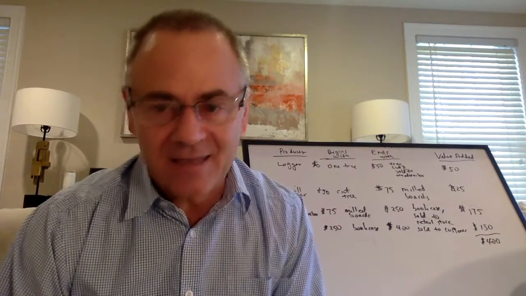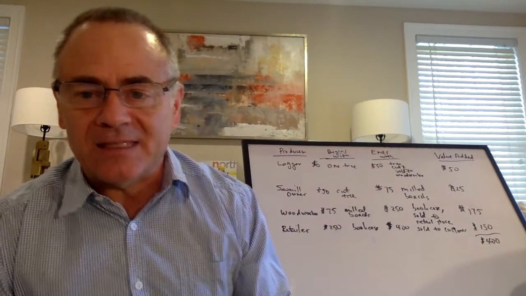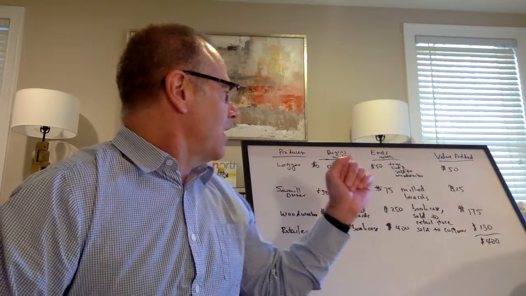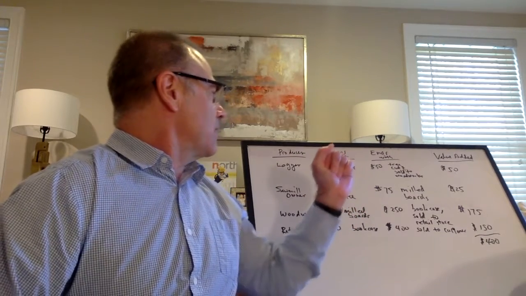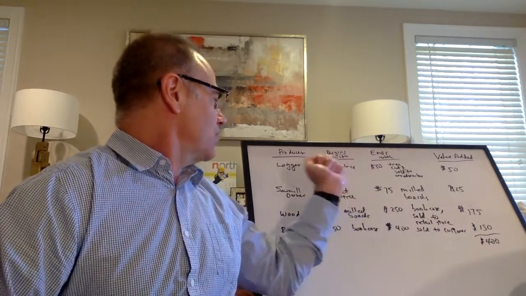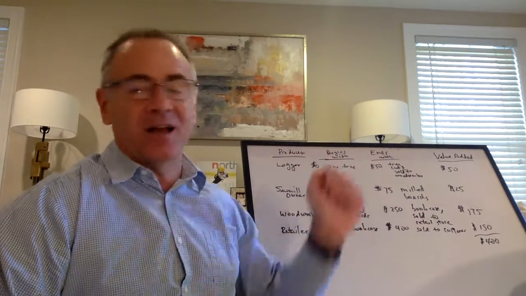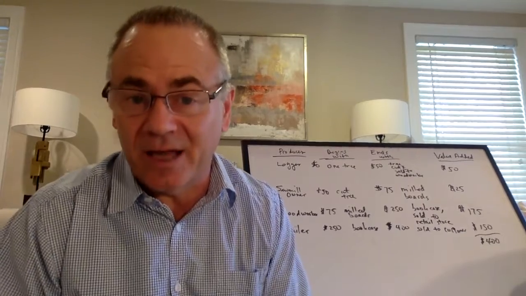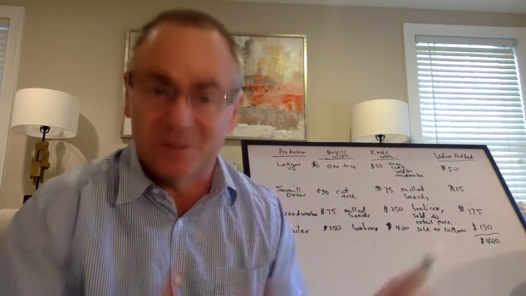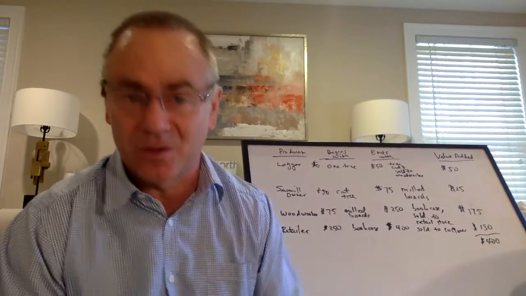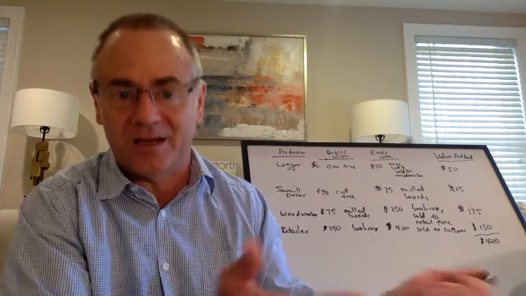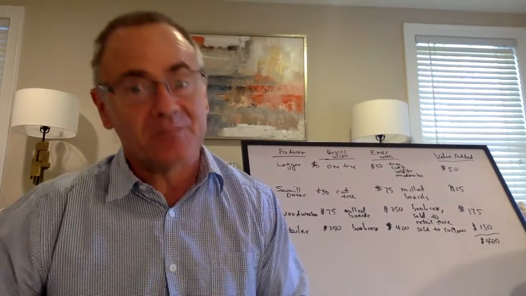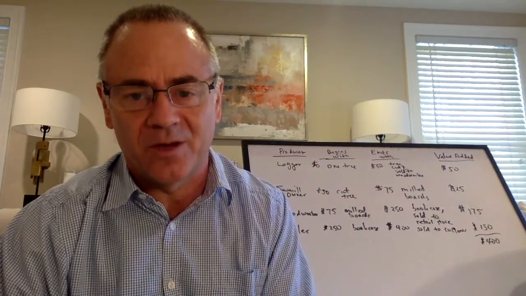Once he does that, he sells the tree to a sawmill owner for $50. So the logger has created $50 worth of value. He bought $0 worth of intermediate products and ended up selling $50 worth.